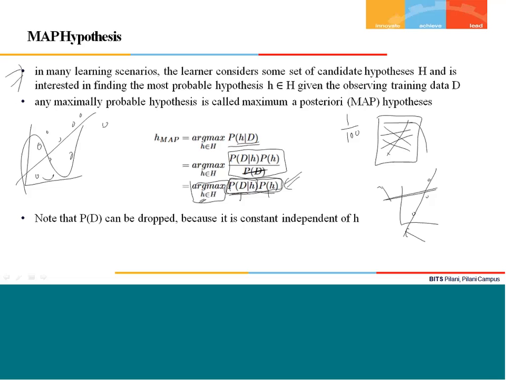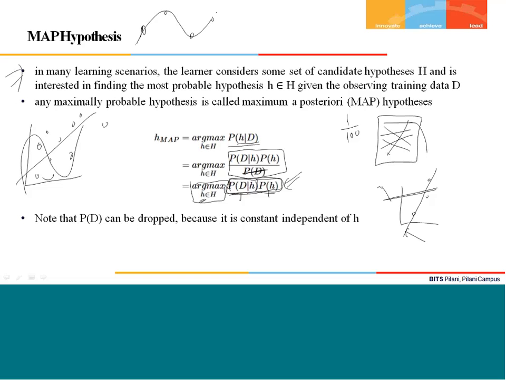It could be an M order function, as we discussed in linear regression. The larger the hypothesis set you consider, the higher the probability of getting the true function from that set. Say this is the true function, and somebody asks you for the line that fits the data.